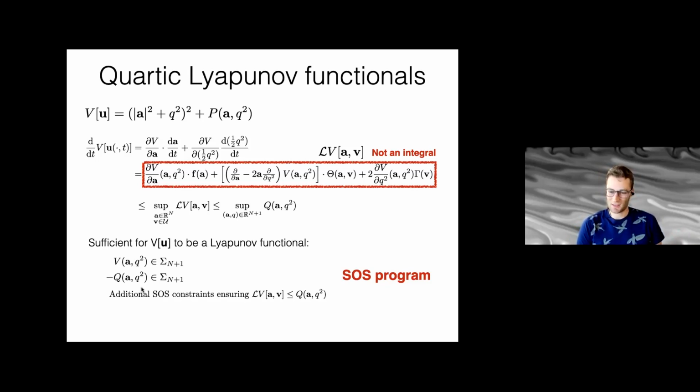Thus, this is a sum of squares program. It's convex. A computer can, for a specified class of polynomials in which I seek V, definitively tell you whether such a V exists, satisfying these constraints or not. If such a V exists, that's your Lyapunov functional for the full Navier-Stokes equations up to numerical error.